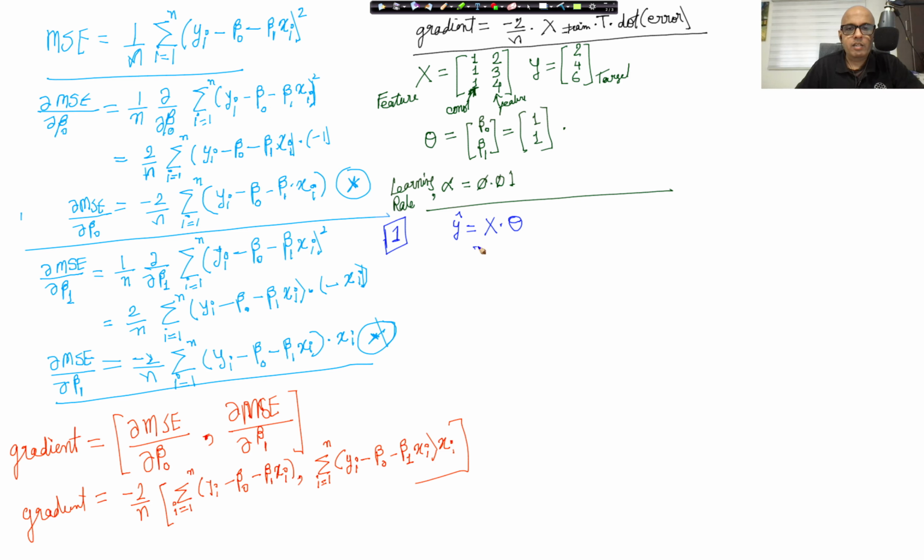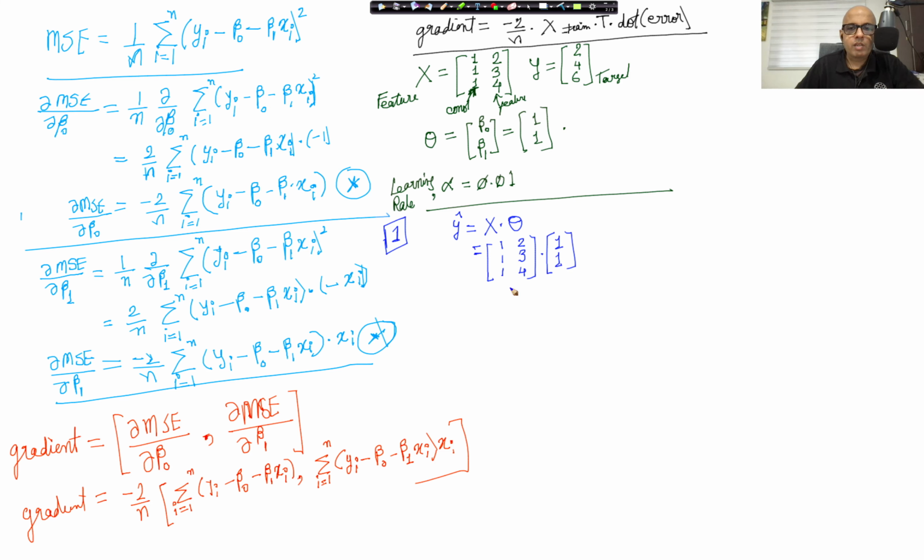Here we have x, which is represented up above, which is 1 1 1, that's the constant, and 2 3 and 4. After this, we are going to dot this with the theta. We currently have the values of 1 and 1.